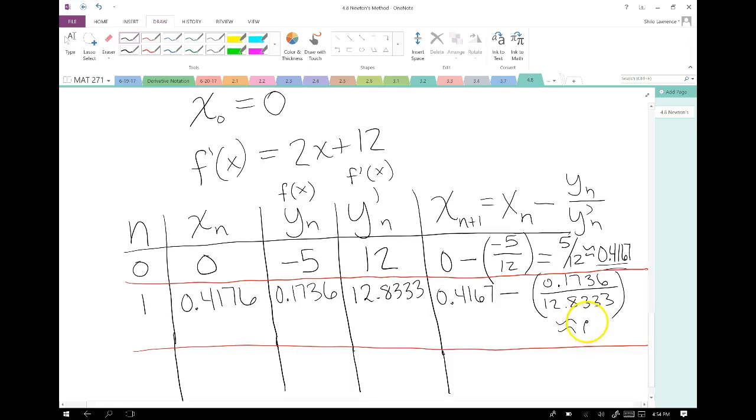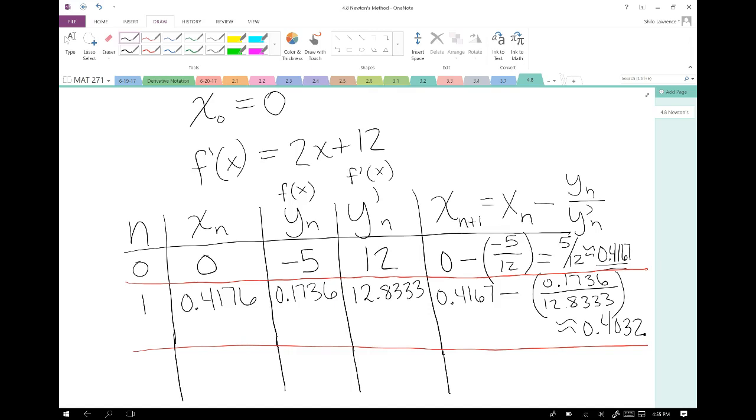And I've got 0.4032 if I round it to 4 decimal places. So that's where Newton's method is telling me to move for my new x-intercept.